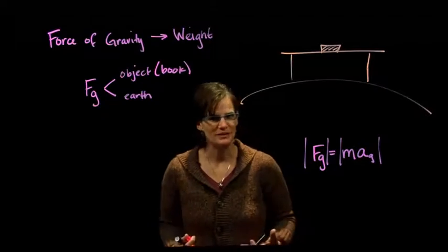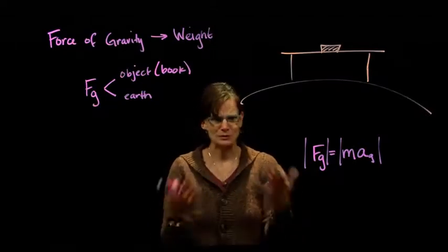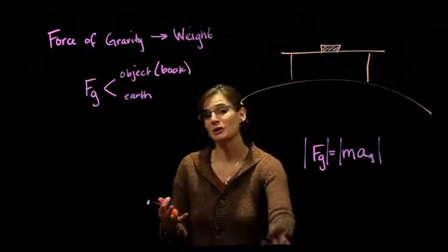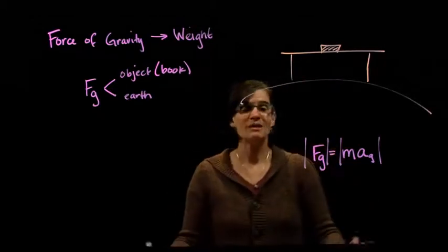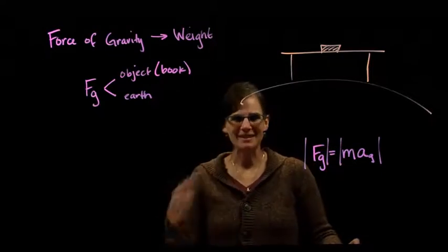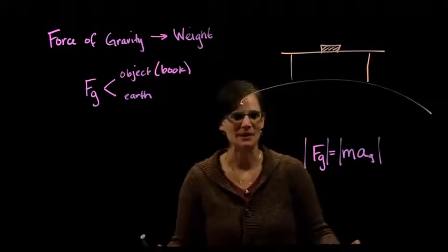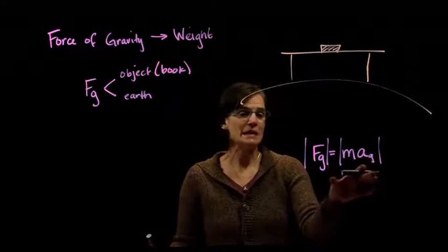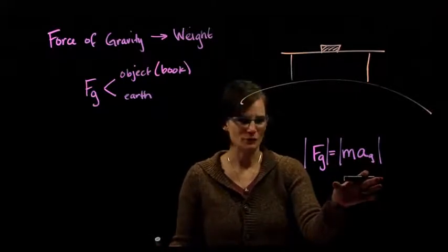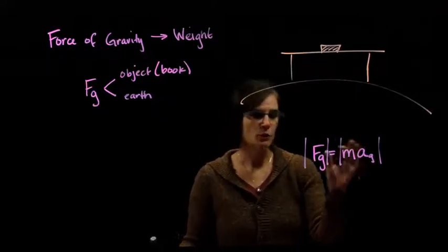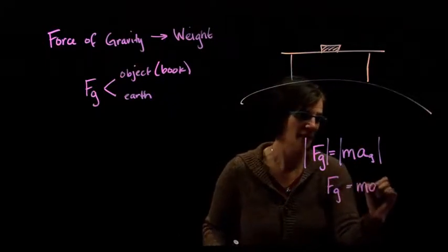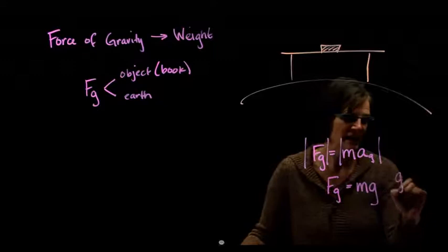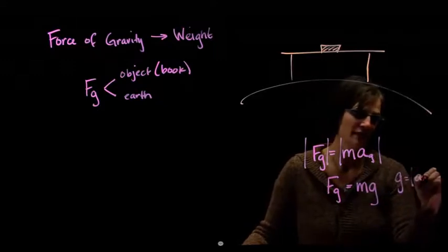Now, we want to keep in mind that mass is sort of the stuff of the object. It's a property of the object that is just based on the molecular makeup of that object. The acceleration due to gravity is the one we talked about in kinematics, negative 9.8 meters per second squared. When we're dealing with just the magnitude of the force of gravity, just the number, we will often see it written as mg, where g is equal to the magnitude of the acceleration due to gravity.